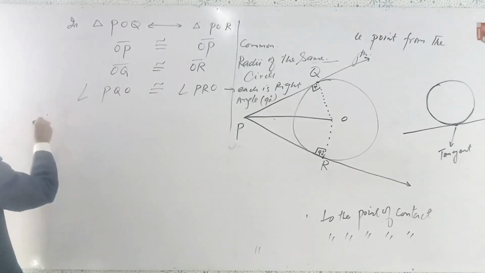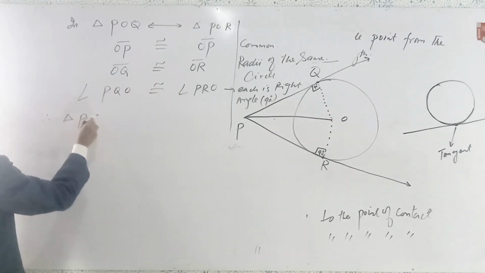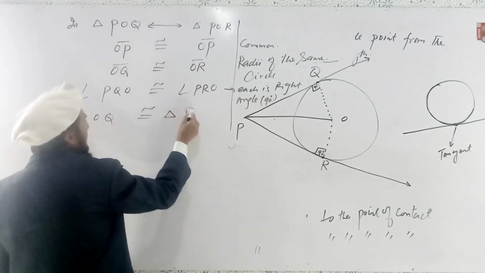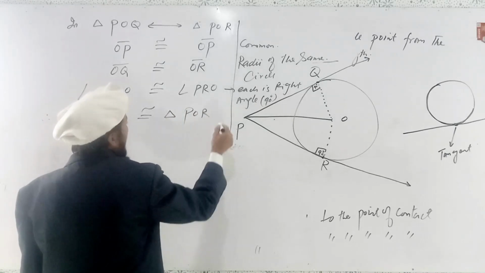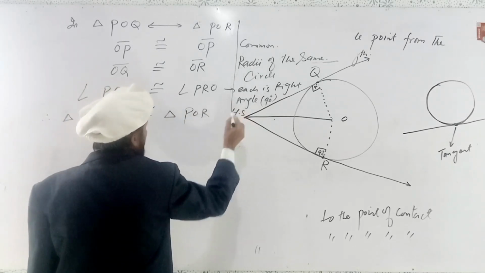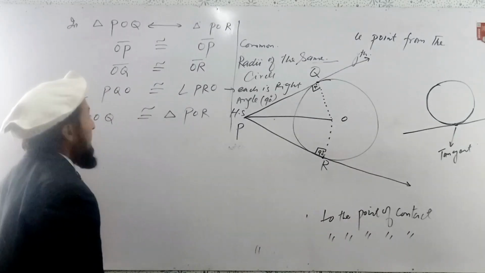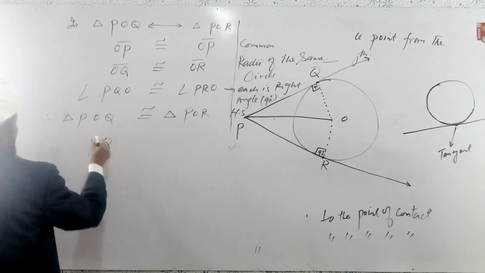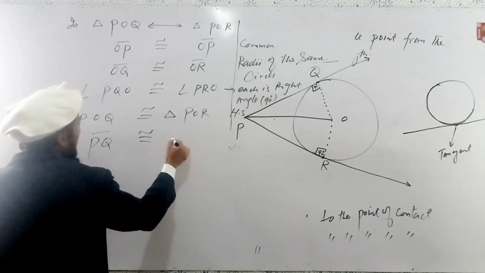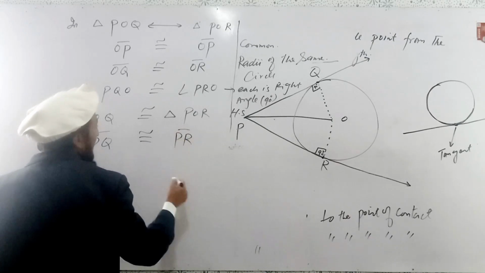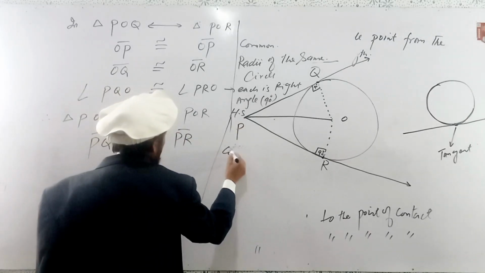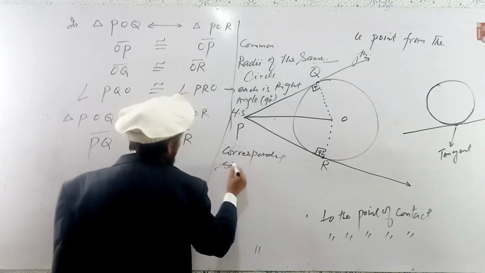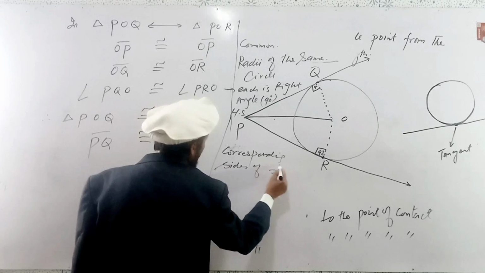So the triangles are congruent. Triangle POQ is congruent to triangle POR, with the hypotenuse sides equal. So PQ is congruent to PR, corresponding sides of congruent triangles.